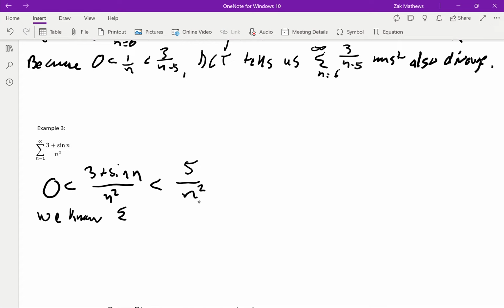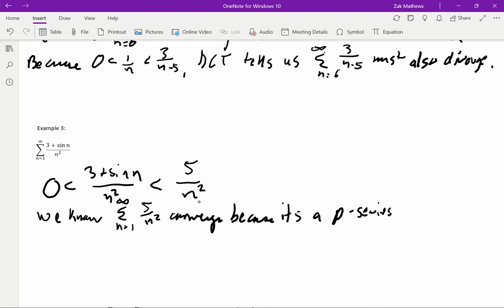So we know that the series n equals 1 to infinity of 5 over n squared converges because it's a p-series with p greater than 1.